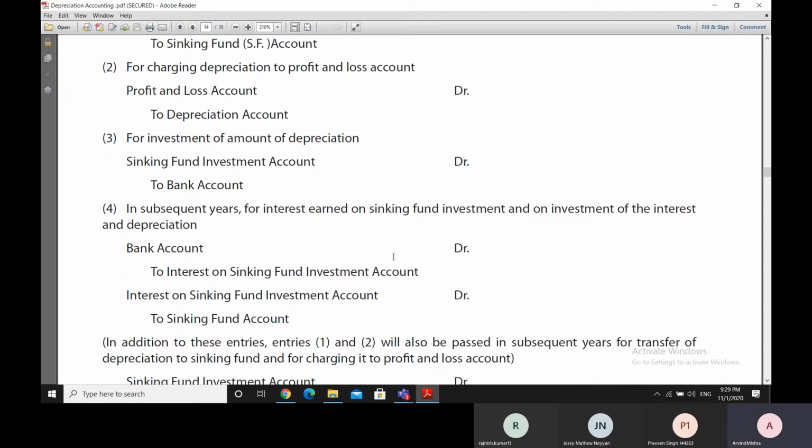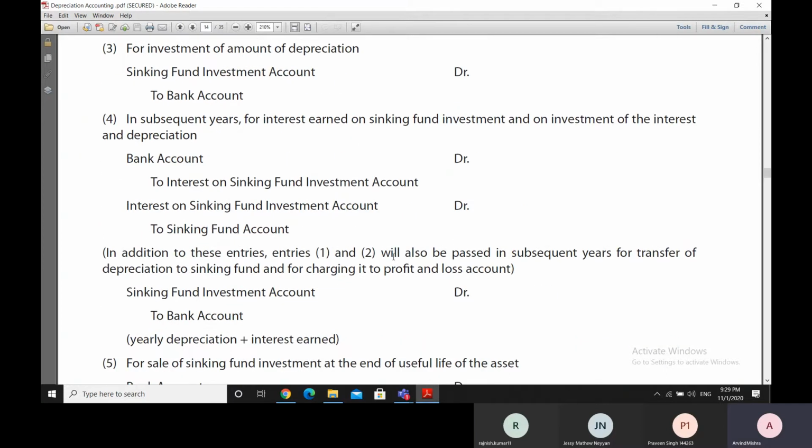So what we will do now is transfer that money from the bank account to the sinking fund investment account, along with the yearly depreciation. So every year we are transferring from bank account to sinking fund investment account an amount equal to the depreciation plus the interest earned on the government securities.